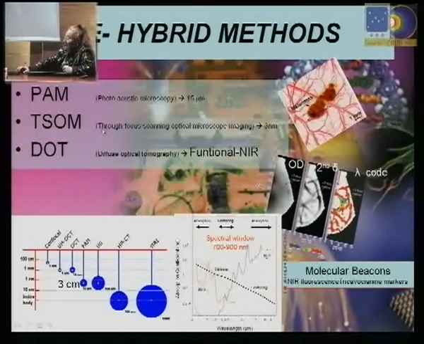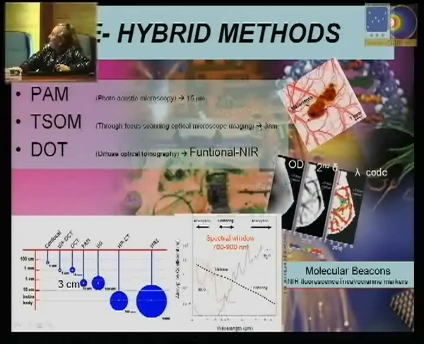Particularly the middle one. I don't have images from the middle one because this is a very recent one, and let's say it's a very stupid method. But it gets a resolution of 3 nanometers, which is a lot.